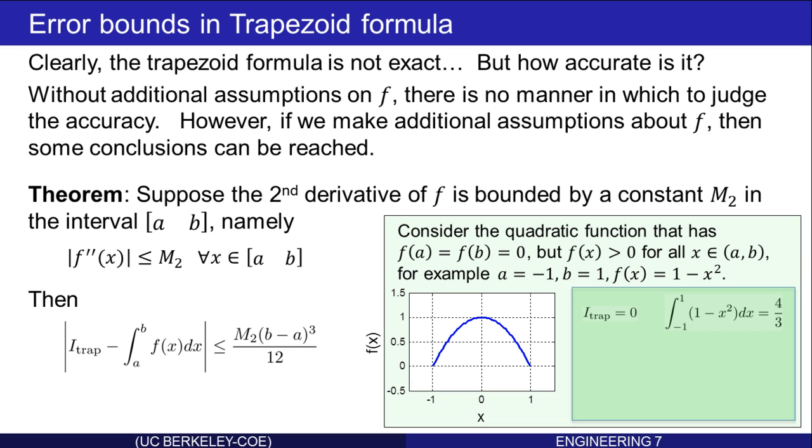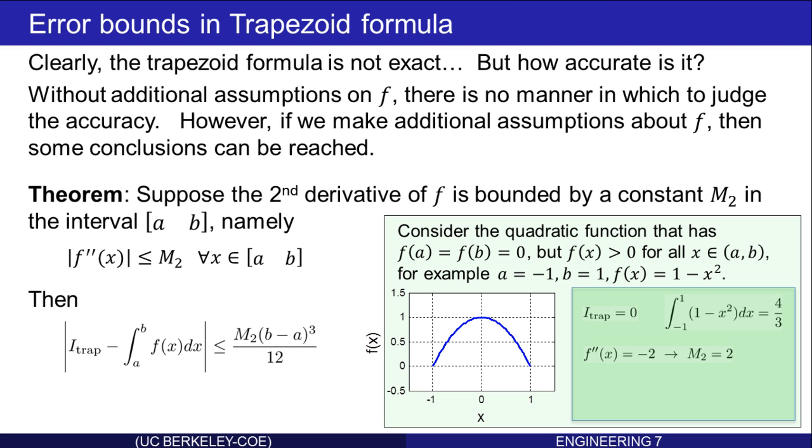On the other hand, the actual integral of 1 minus x squared from -1 to 1 is 4/3. Let's look at f carefully and see what the bound would tell us. Well, f double prime is just -2. Take the second derivative of 1 minus x squared and you get -2. Therefore, a suitable bound on the second derivative over the interval -1 to 1 is the number 2. That's a legitimate bound on the second derivative.